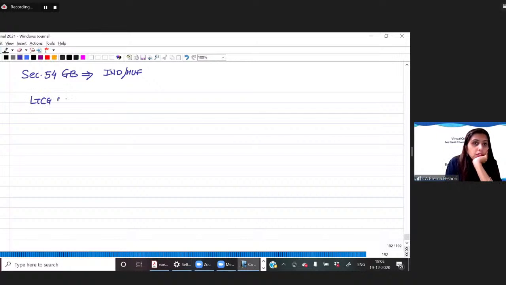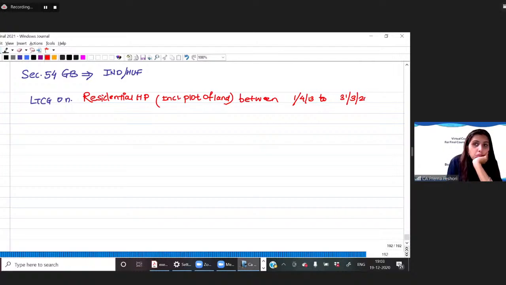Long-term capital gain on residential house property, including plot of land, between 1/4/13 and 31st March 21. Again, for residential house property are 54GB.